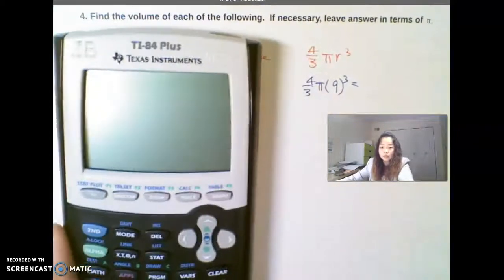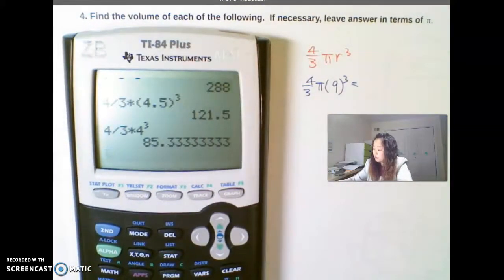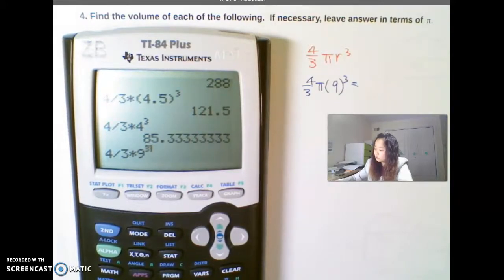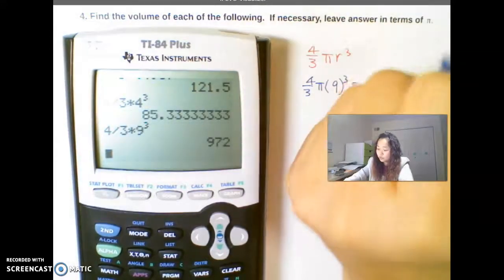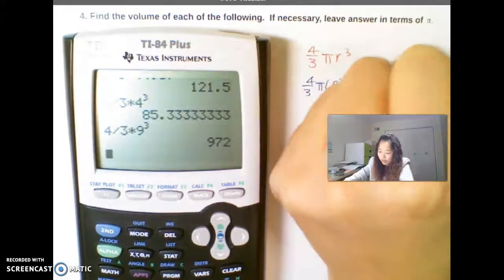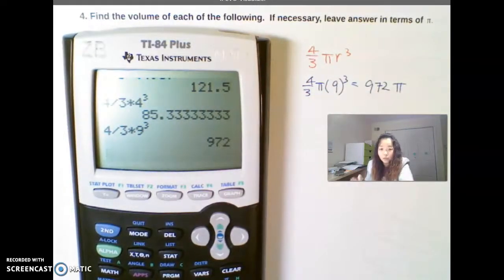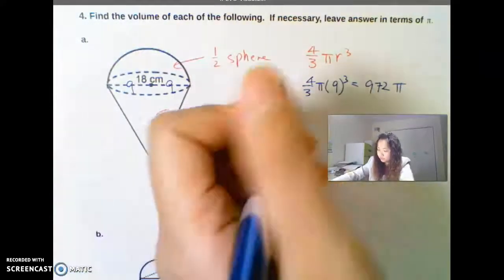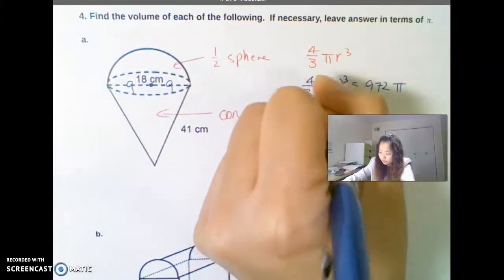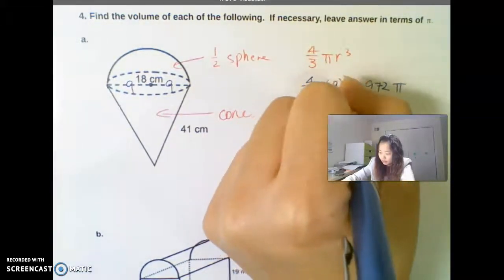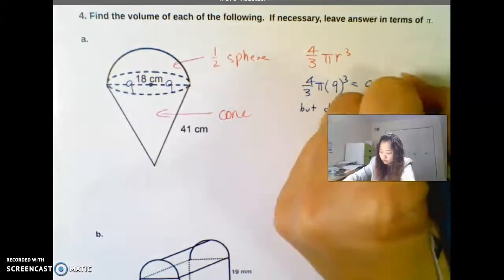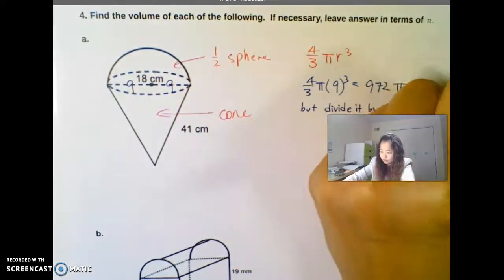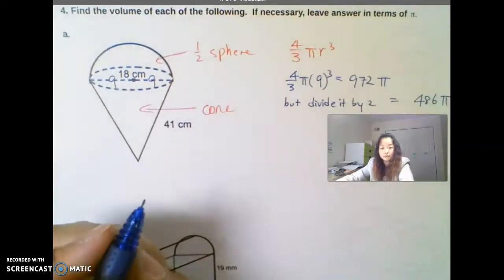So 4/3 times 9 cubed, that is 972 pi. But we have half of the sphere, so I'm gonna divide that by 2. 486 pi. That's for the sphere part.